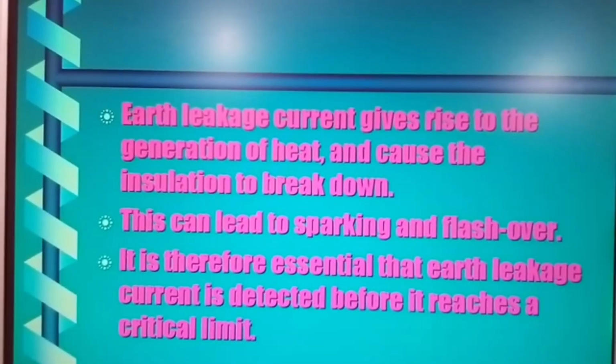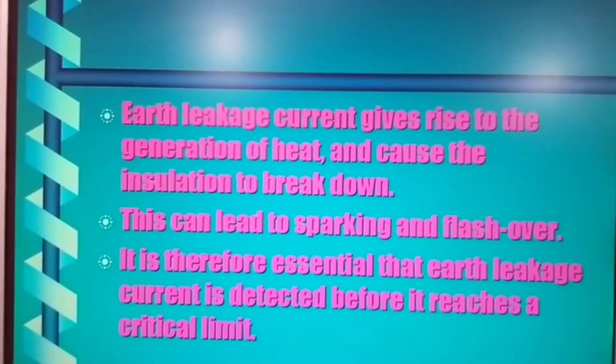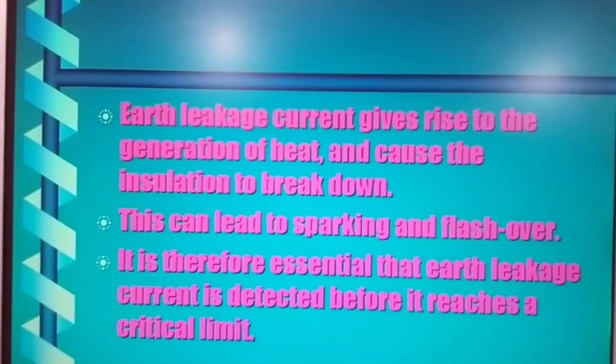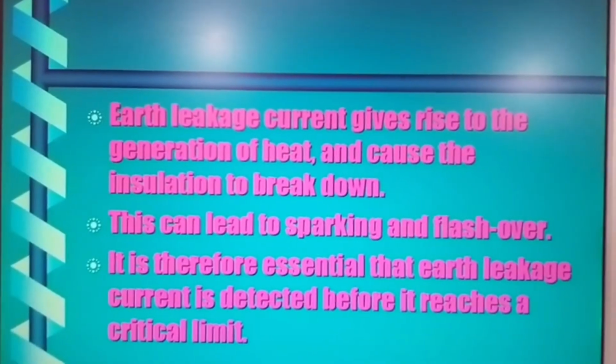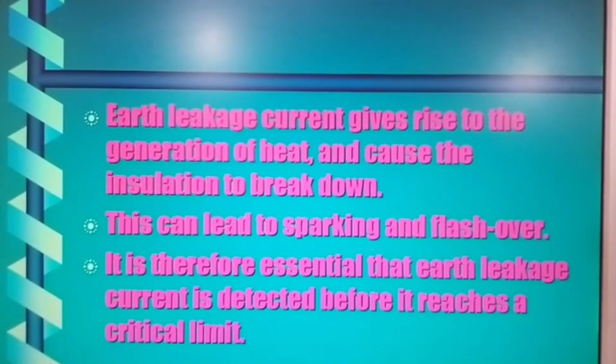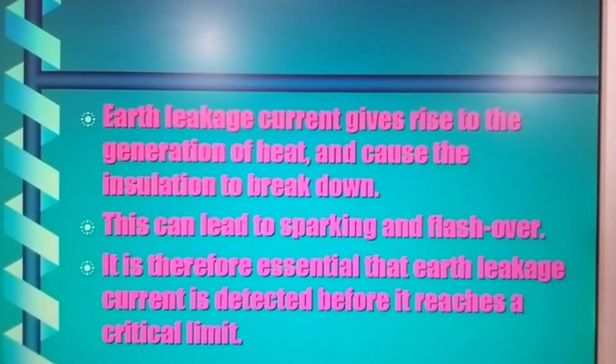Earth leakage current gives rise to the generation of heat and causes the insulation to break down. This can lead to sparking and flashover. It is therefore essential that earth leakage current is detected before it reaches a critical limit.